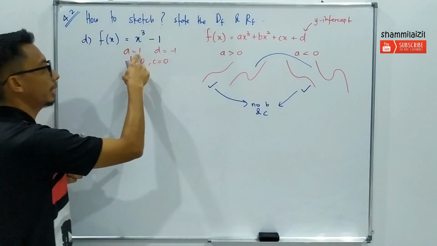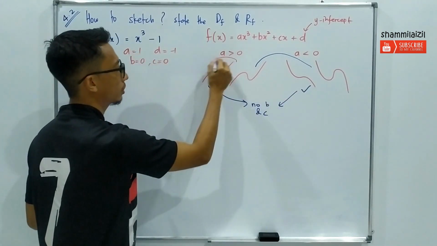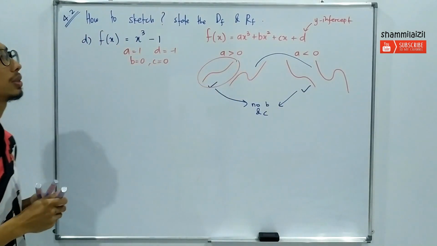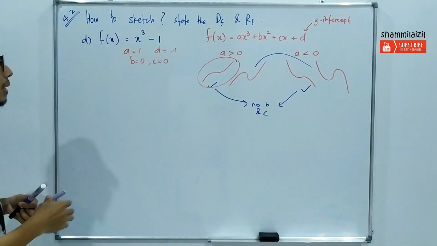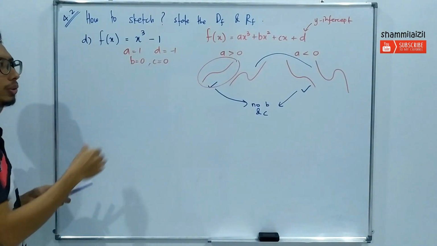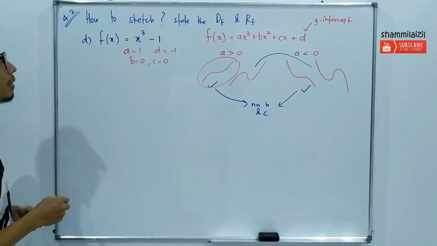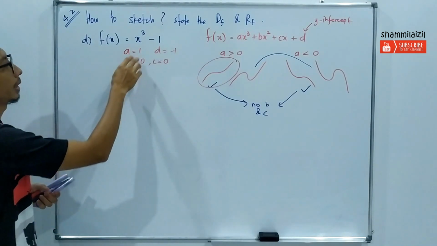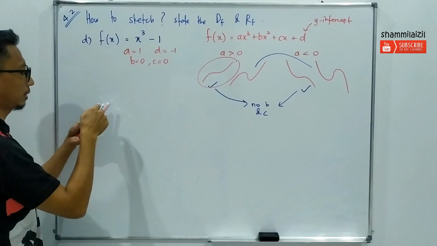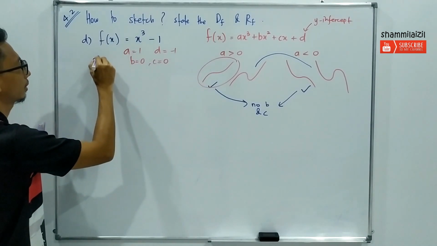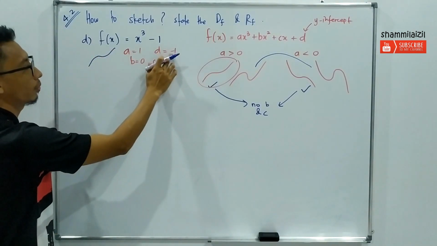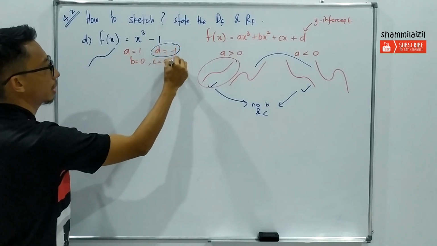And then by looking at a is 1, this is your basic shape. Alright? So that's how we distinguish between the shapes of the cubic function. So we know that the shape is this way. And then the y-intercept, this is your y-intercept.